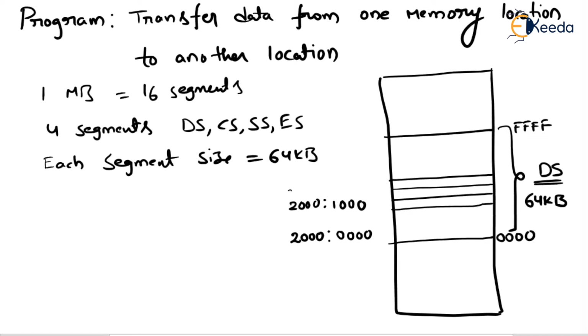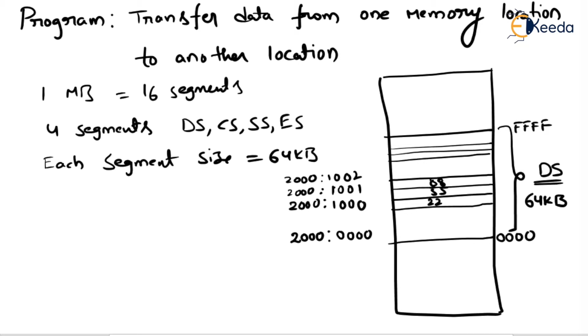This is 2000:1001, and this is 2000:1002. Let us consider here it is 22, here 55, here 88. Each location stores how much data? 8-bit data. Now I want to transfer this data to here.